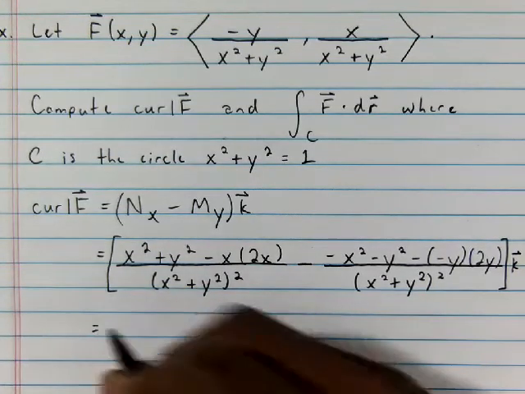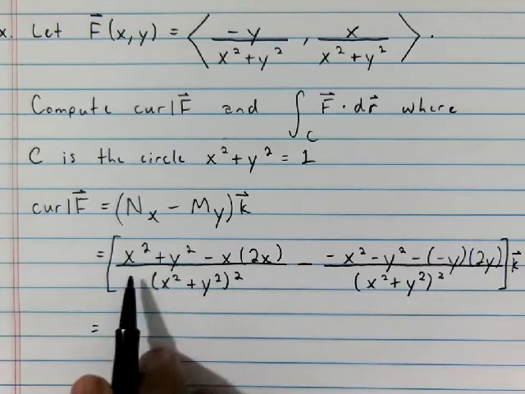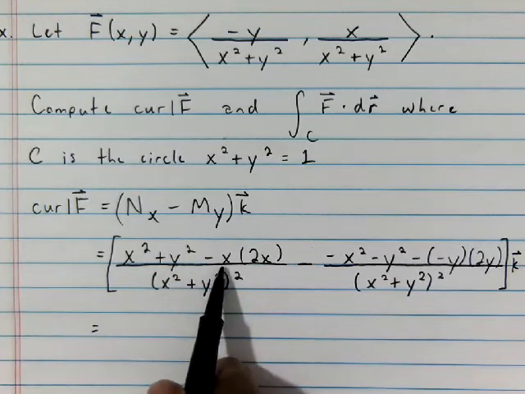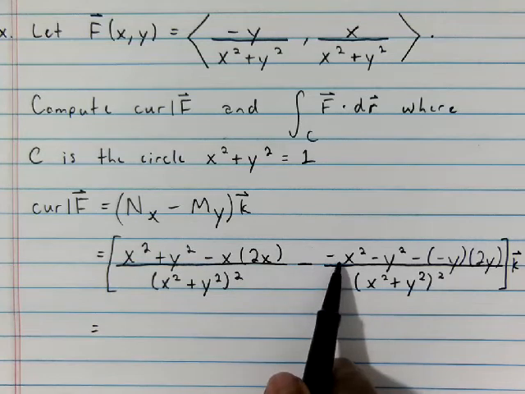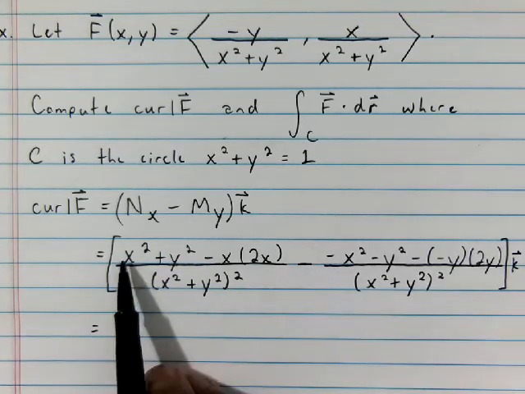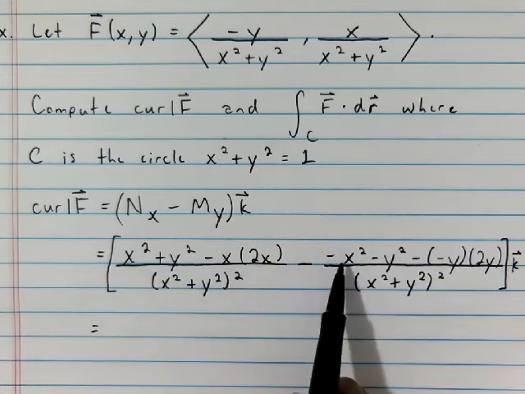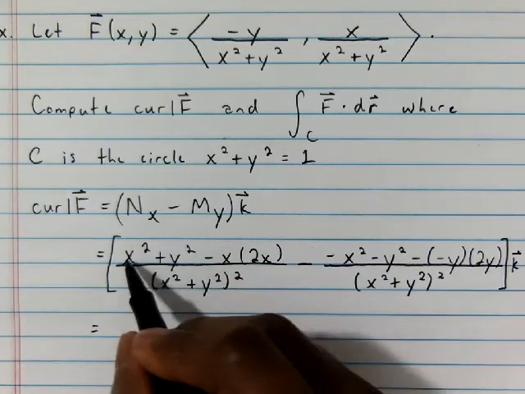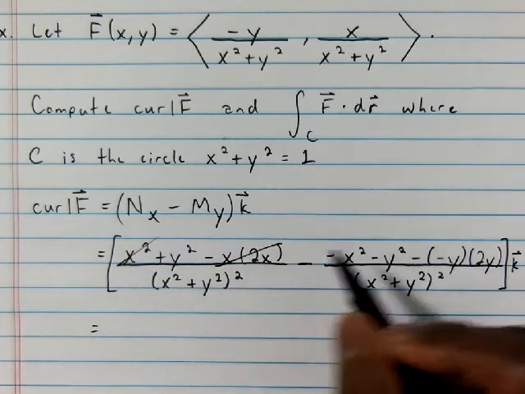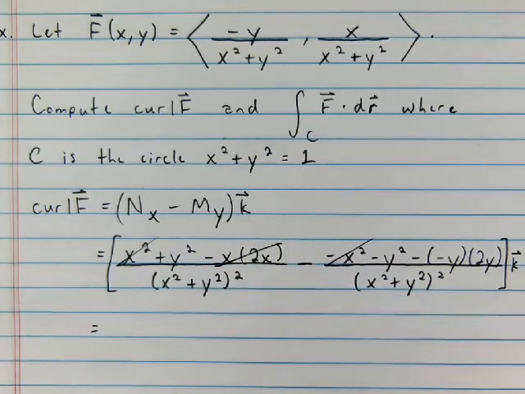So we have a common denominator here, so we can combine terms. We end up with x squared plus y squared minus 2x squared, and then plus x squared right here. So we have an x squared plus an x squared, that's 2x squared minus 2x squared, and that cancels.